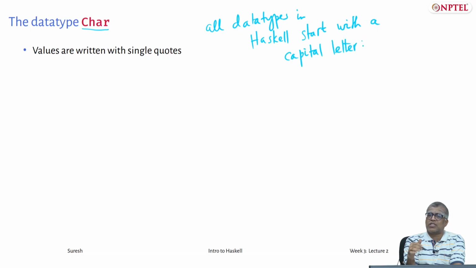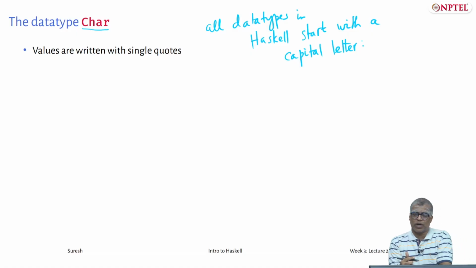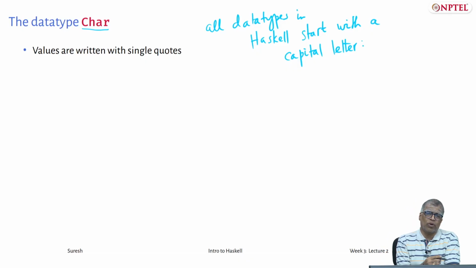Your functions must start with a small lowercase letter. If you start something with an uppercase letter, most probably GHCI will complain. You should test it out. So in these slides, all the functions that I will write will start with a lowercase English letter.